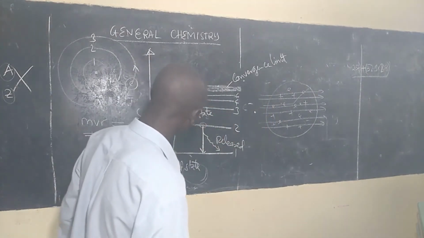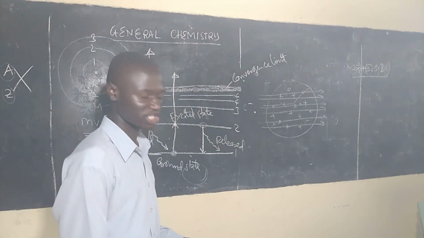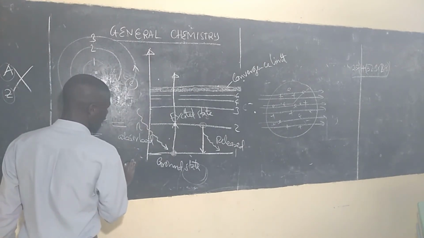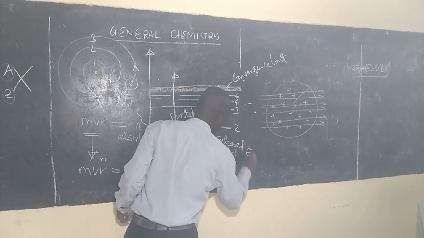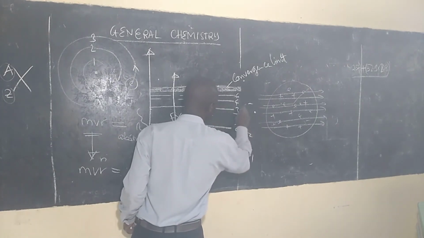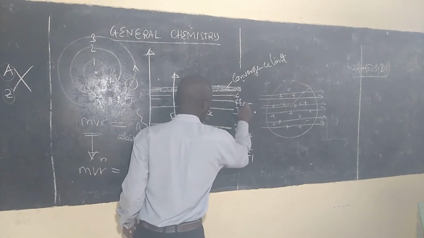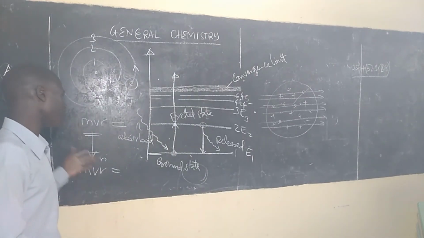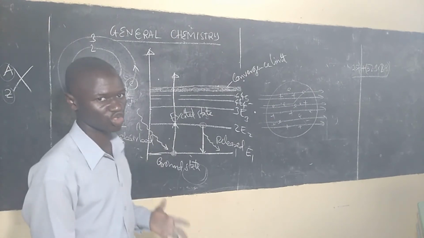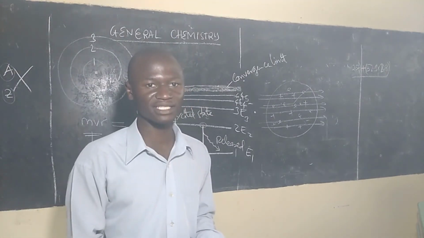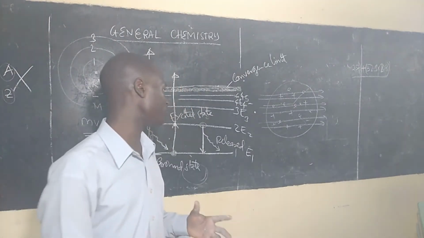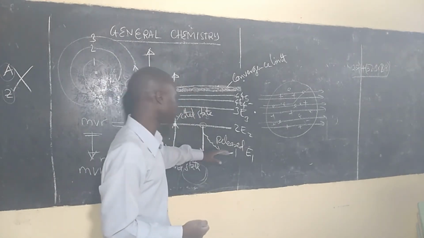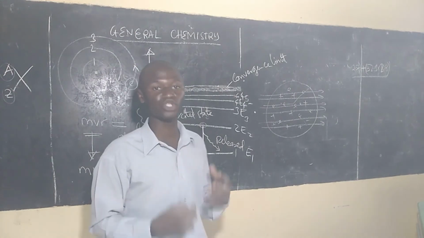As we know that electron in its energy level, it has energy. So kwa mfano hapa tunaweza kusema energy huyu hapa ni E1, energy hapa ni E2, hii hapa ni E3, hii hapa ni E4, hii hapa ni E5. Kwa hiyo kama tulivyosema kwamba the electron in its orbit it has energy, tukitoka hapa ikijump kwenda hapa inahitaji kuabsorb energy.